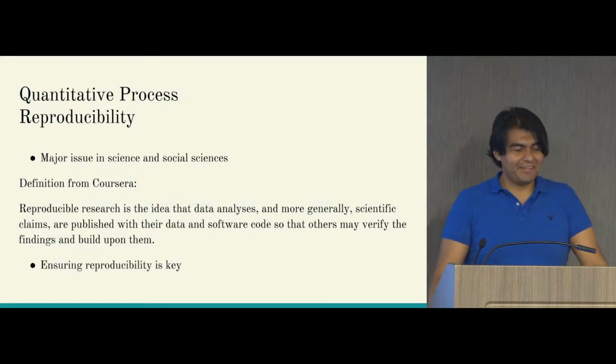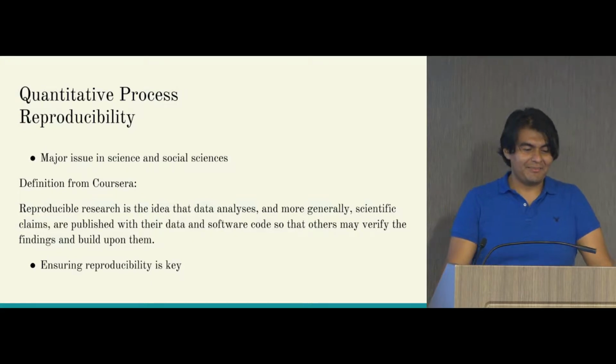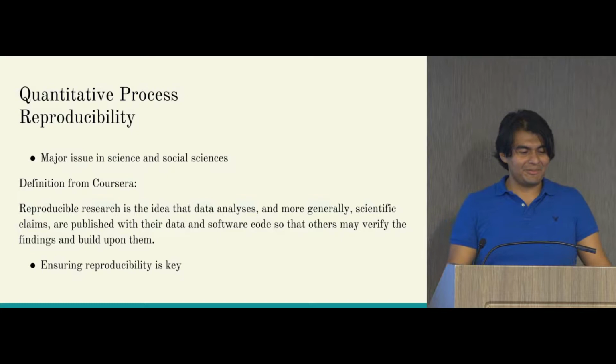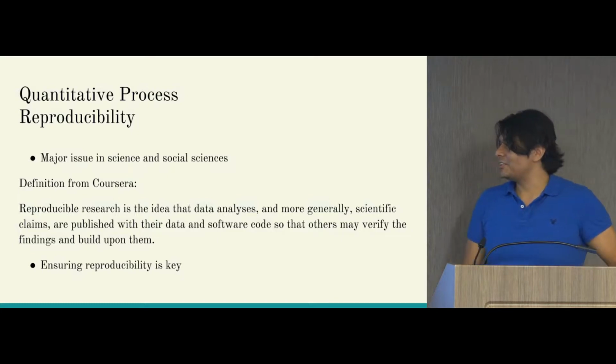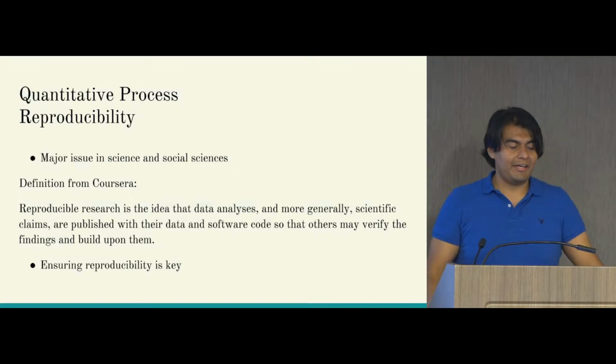So I'm going to talk a bit about the quantitative process, for lack of a better term. And I want to emphasize again reproducibility. It's a major issue in science and the social sciences. And I got this definition from Coursera.